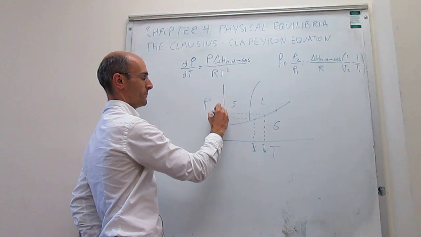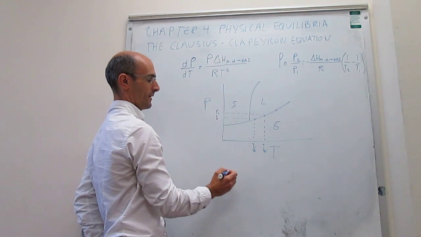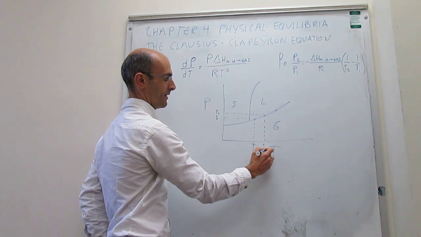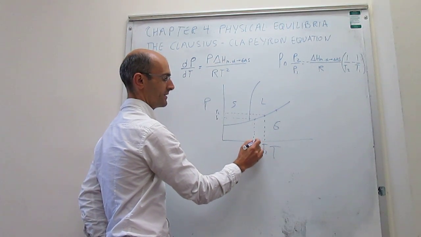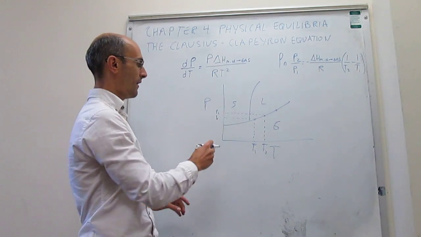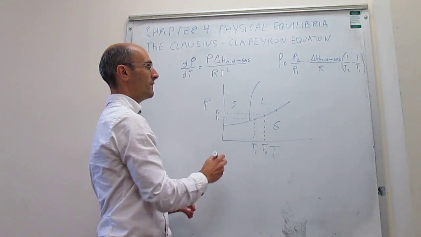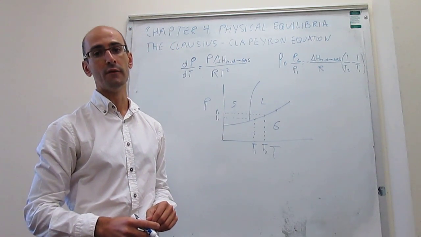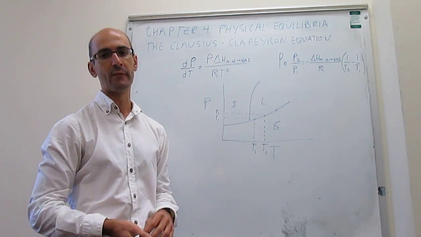This is P1 and P2. Okay, we can call this T1 and T2 to make contact with the integrated Clausius-Clapeyron equation. But if you know these four parameters, then in principle you can solve for the enthalpy of that phase transition. In this case, it would be vaporization.